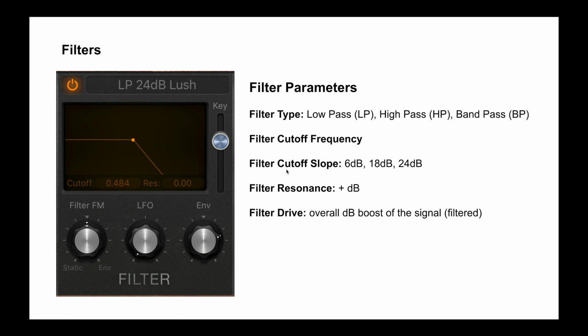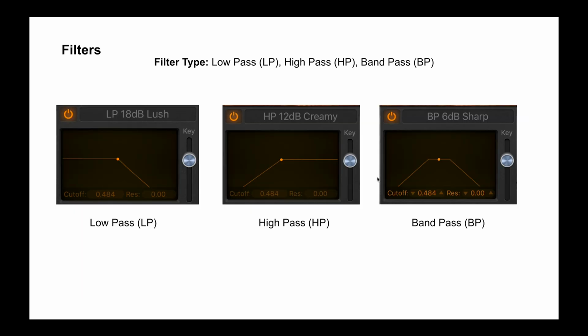The filter slope, which I'll get into in a minute, is how dramatic the cutoff is at the cutoff frequency, how quickly it goes to nothing. The resonance, also called the resonant peak, is another common one. And the last is the filter drive, which is the overall dB boost of the filtered signal, which I'll show you in just a second. So let's go through these first.